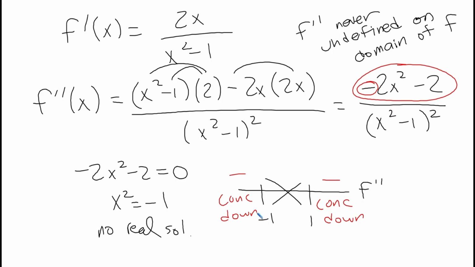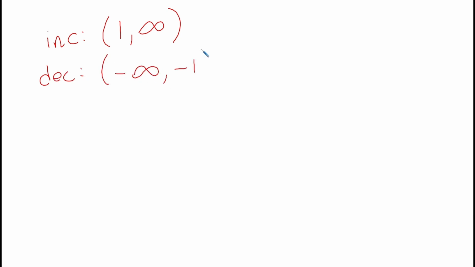And so we've got no maxes, no mins, no points of inflection because we didn't have any critical values or any values that made our second derivative 0 or undefined on the domain. And we've got our intervals where we're increasing and decreasing and concave down only. So this function is increasing from 1 to infinity, right? And that's all we had for our sign chart, and decreasing from negative infinity to negative 1, right?